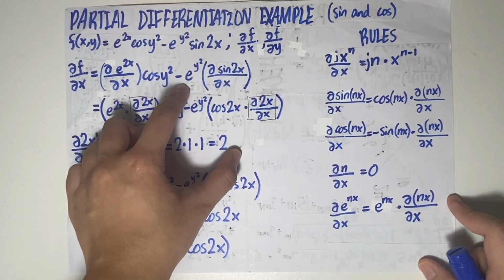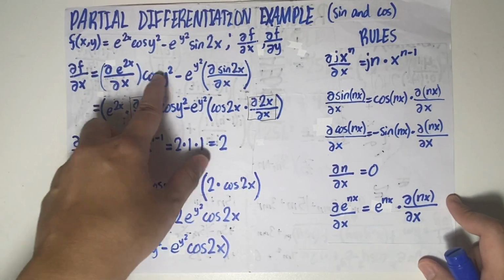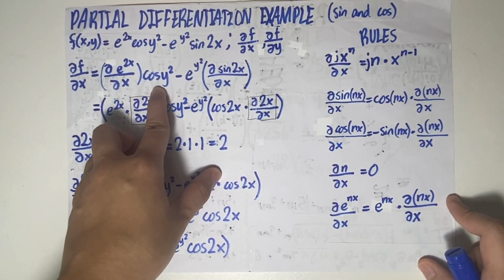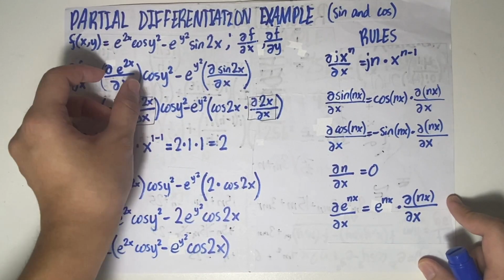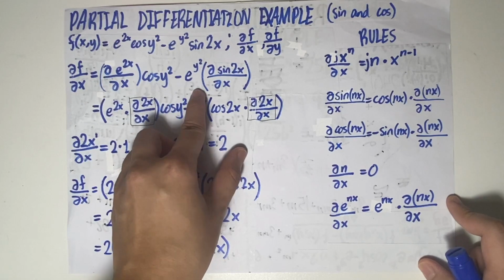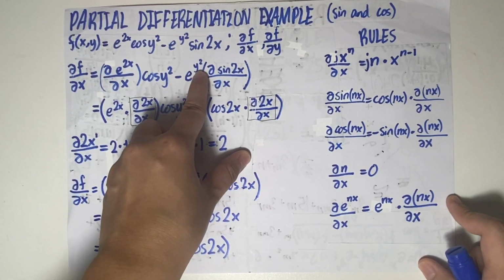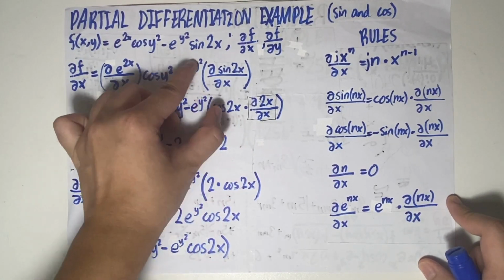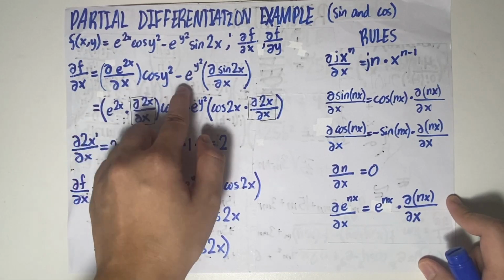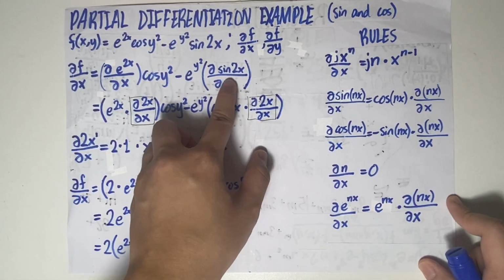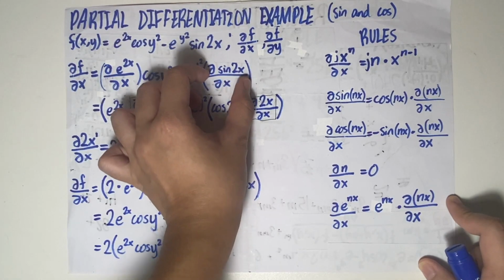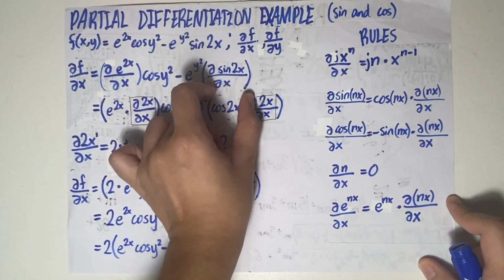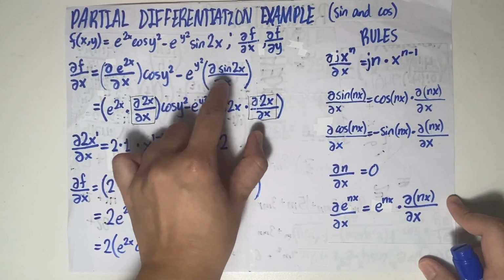Cosine y squared is being treated like a constant, so it is just multiplied by the derivative of e to the power of 2x, minus e to the power of y to the power of 2. Again, we are treating y as a constant, and this value is multiplied by the derivative of sine 2x, which contains x, which we are differentiating.